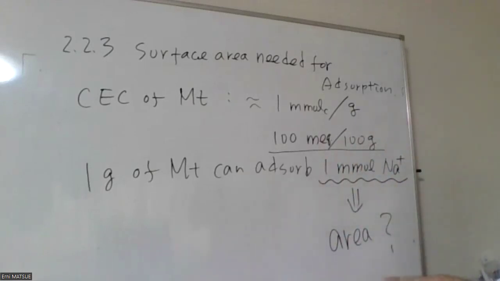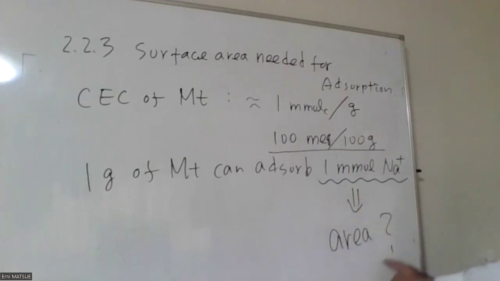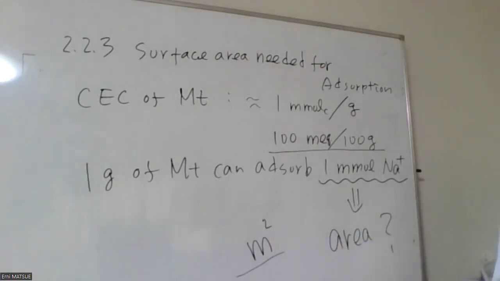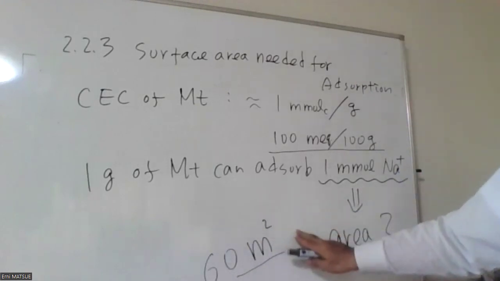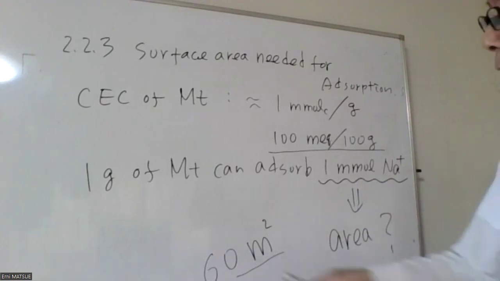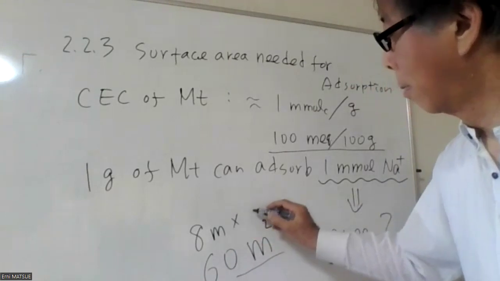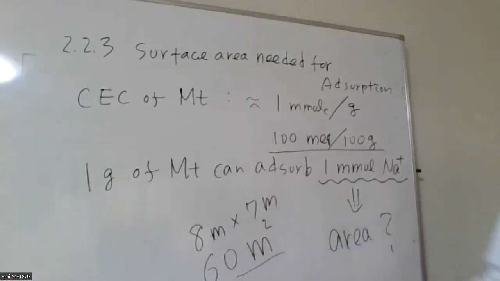Area means, for example, square meters. 1 millimole Na plus occupies 60 square meters. 60 square meters is greater than, for example, 8 meters by 7 meters.